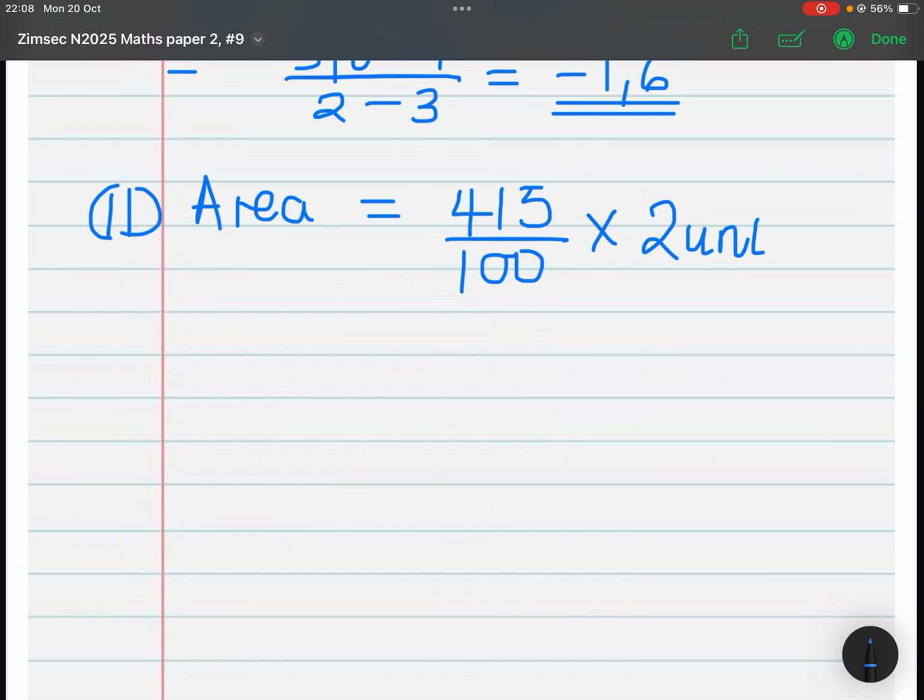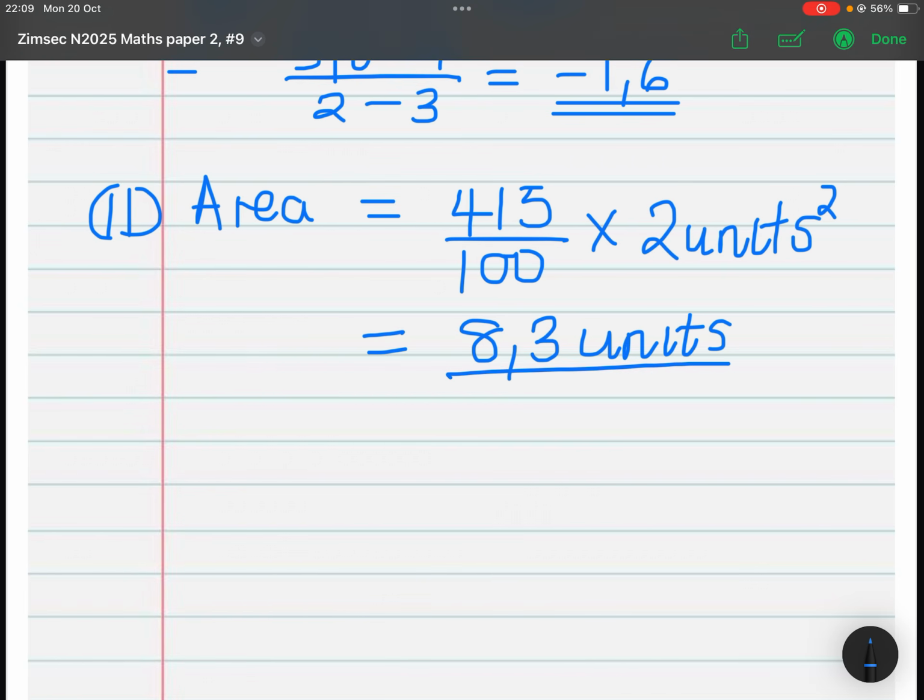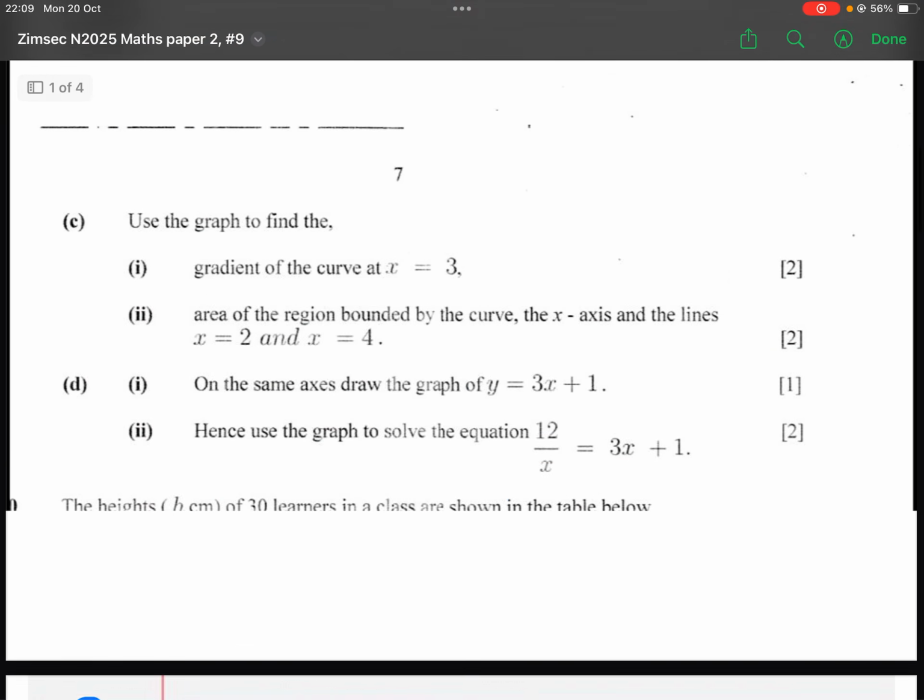So we say 415 over 100 times 2 square units. We are going to get our answer as 8.3 square units. This is going to be our answer on the C part 2, right?